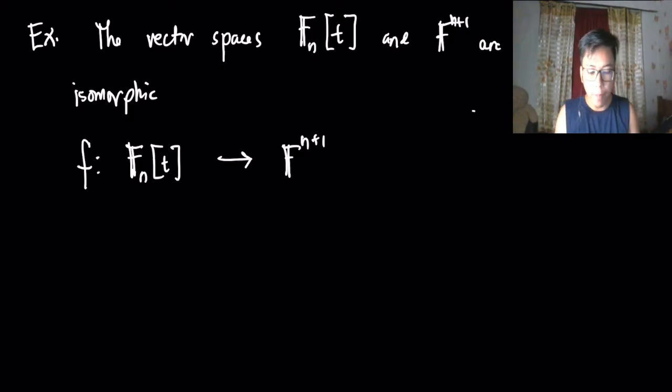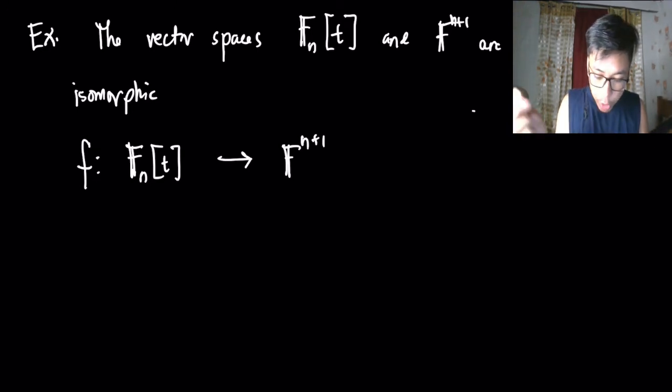Now, what is this, by the way? This F sub n square bracket t is actually of the form of a polynomial.